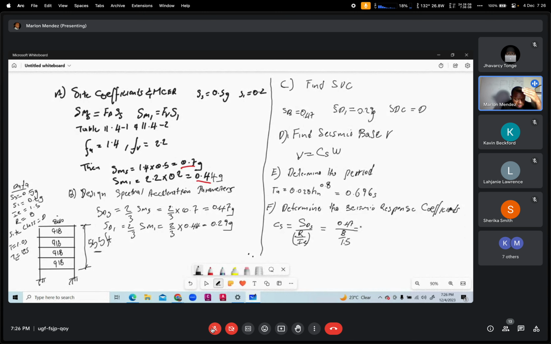So what we're going to do is find the value of Cs. So this is equal to, anybody find it already?